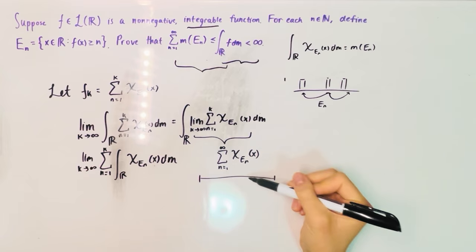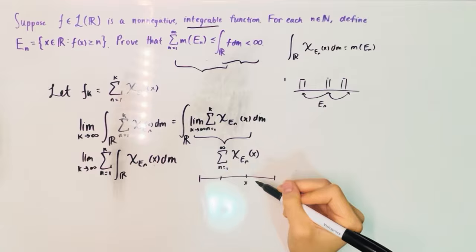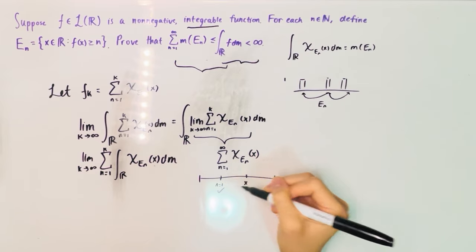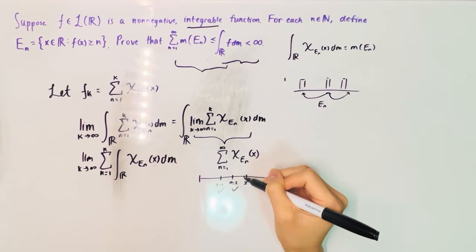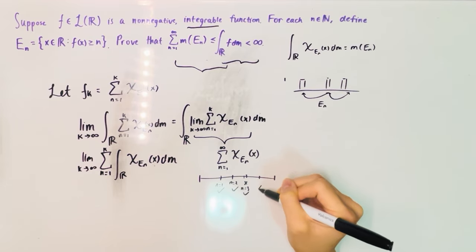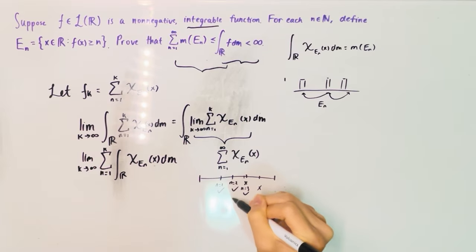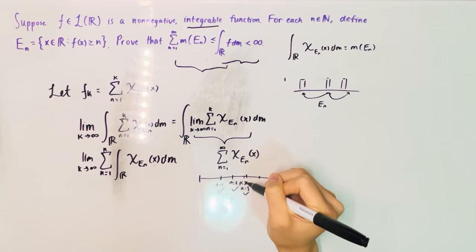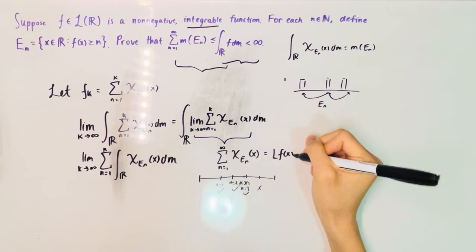We start with n equals 1: yes, f(x) is bigger than that. n equals 2: yes. n equals 3: yes. But n equals 4: no. So from n equals 4 on, we'll just have zeros. This just gives us 3, which is the floor of f(x). So this is equal to the floor of f(x).